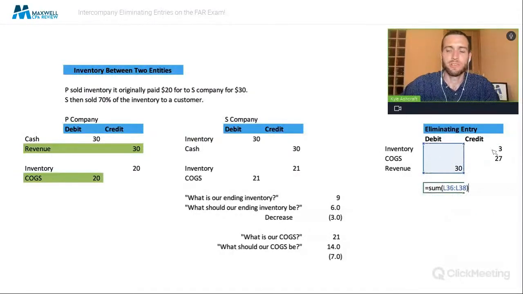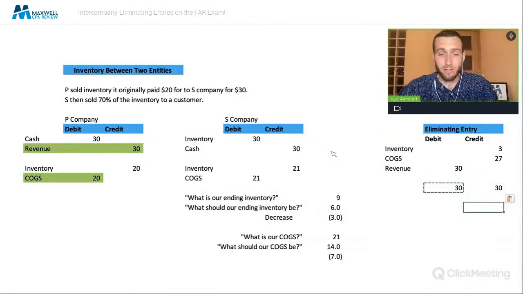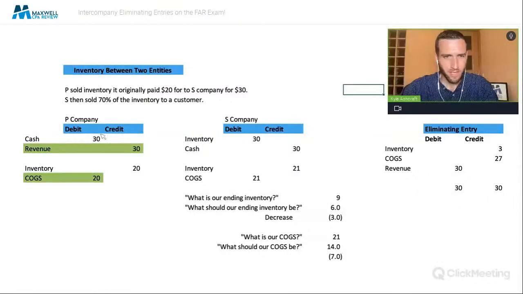And we always just make sure that everything balances here. And this is our full eliminating journal entry. I hope it's not super confusing, but I think it takes a lot of repetition to start really making sense.